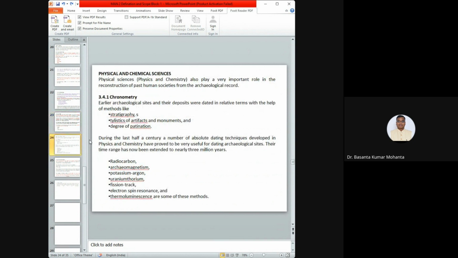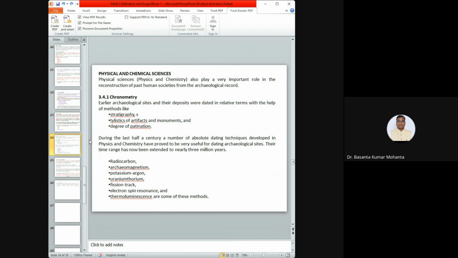In a similar way, we can see the relationship of the physical and chemical sciences, where the physical sciences, including physics and chemistry, help us to reconstruct past human societies from the archaeological record. So, in this context, we can discuss chronometry.